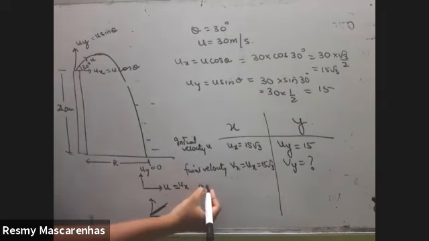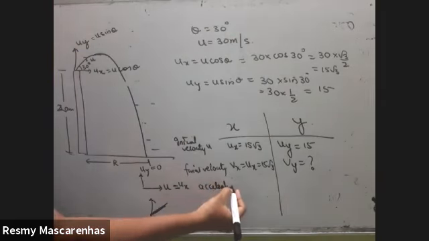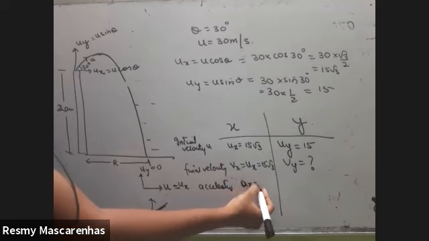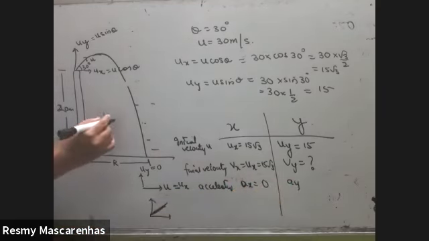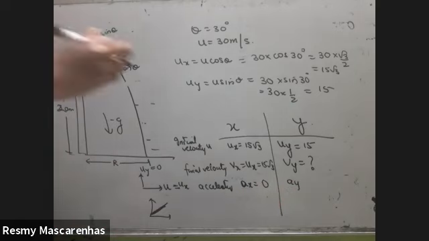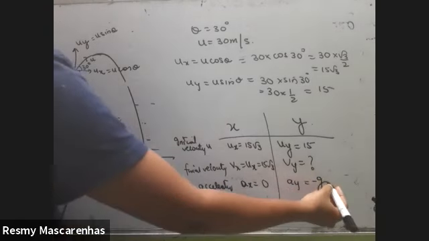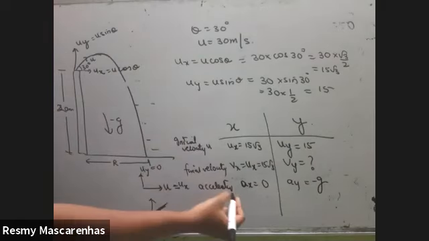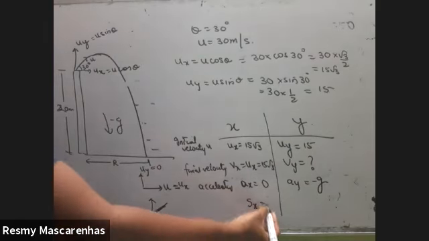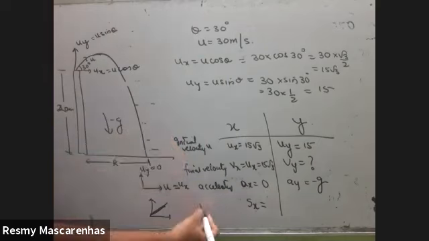Then acceleration, Ax and Ay. Ax is always 0 in horizontal direction because gravity is always in the y direction. Ay is minus g. Then distance or displacement.